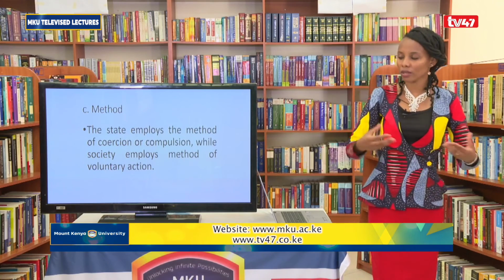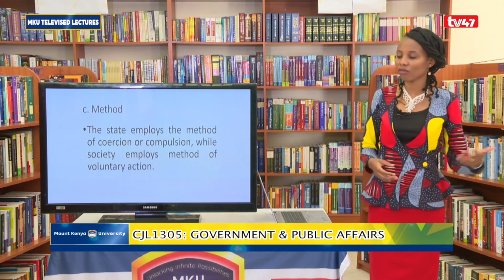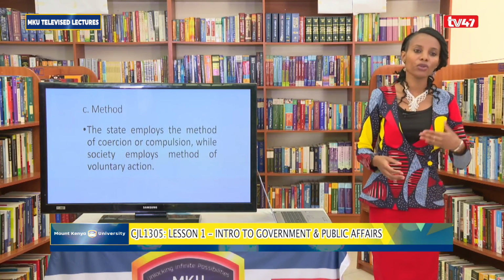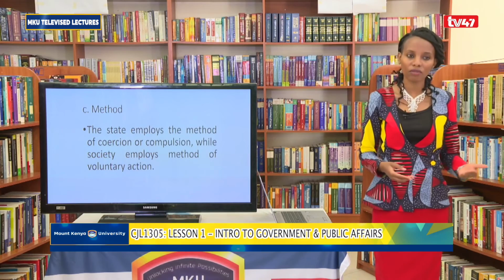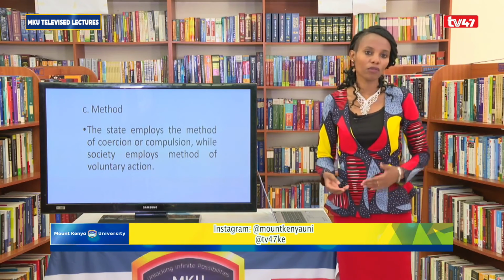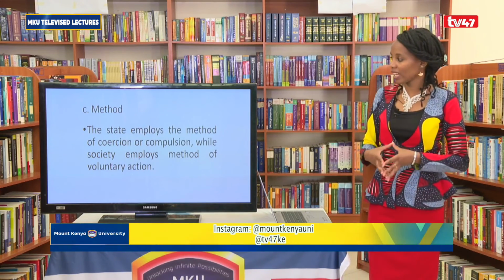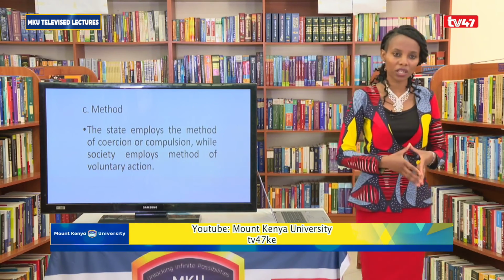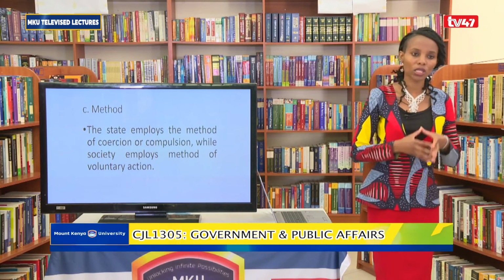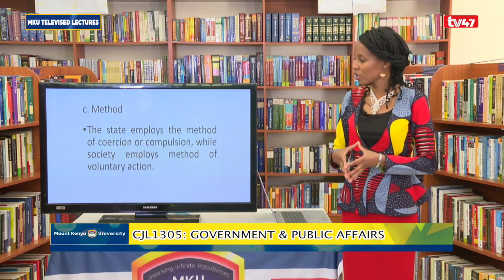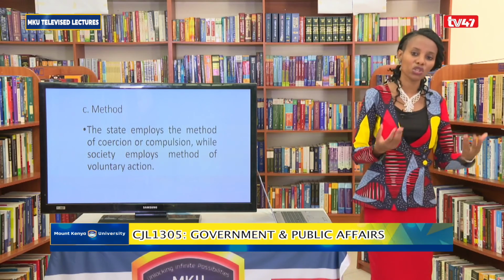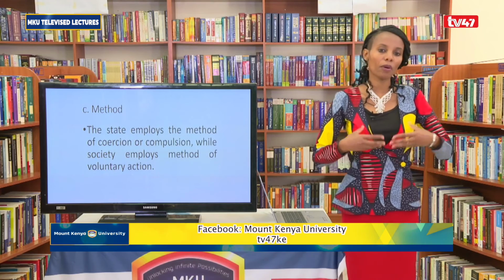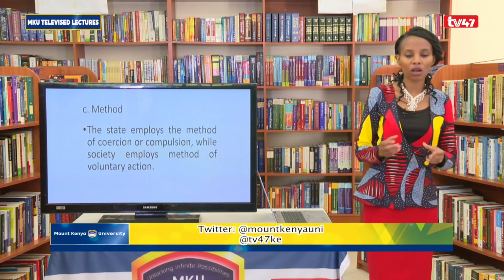But for the societal things, even if there is an event or something taking place in the society, you can voluntarily attend or voluntarily give your time or voluntarily give your energy. And that's why we are saying, even in terms of how measures and regulations are put in place, you find that the state tends to use a lot of coercion, and whatever people are expected to do, it's a compulsory thing.